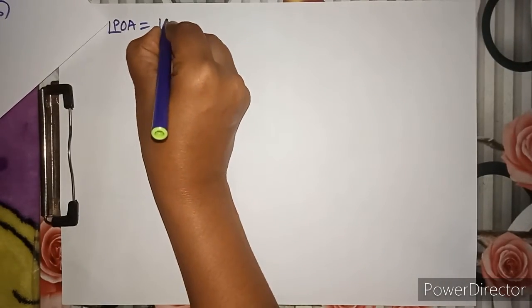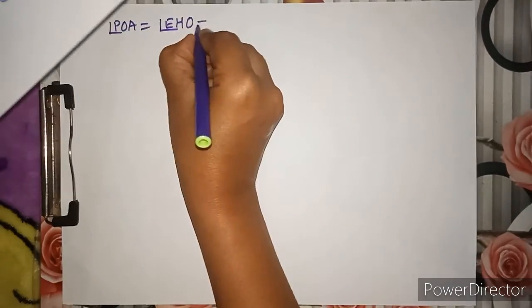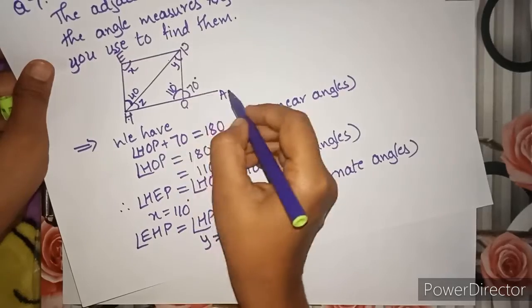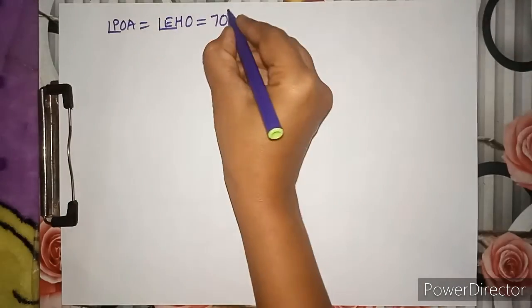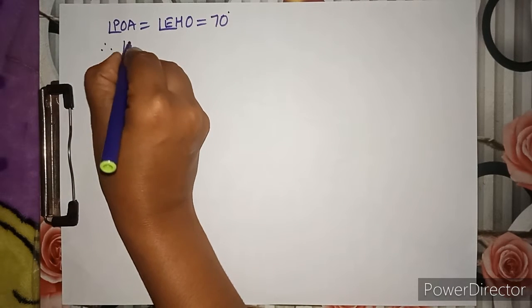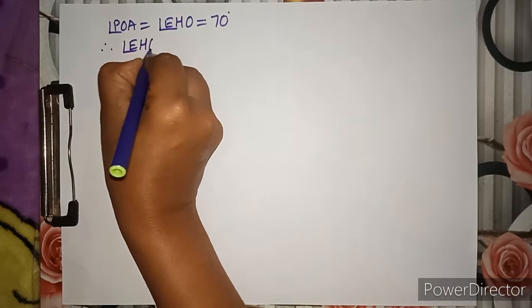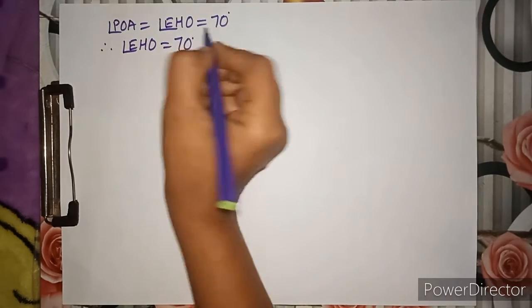Angle EHO, which is equal to angle POA, value is 70 degrees. Therefore angle EHO becomes 70 degrees.